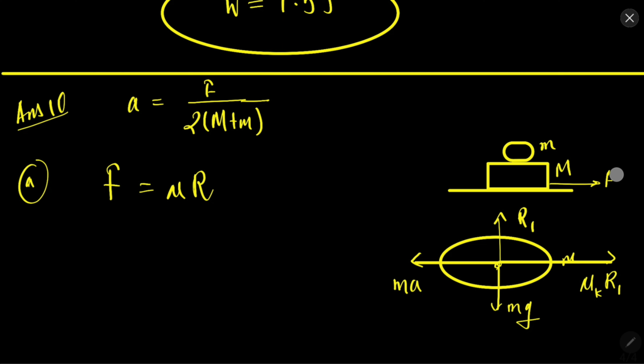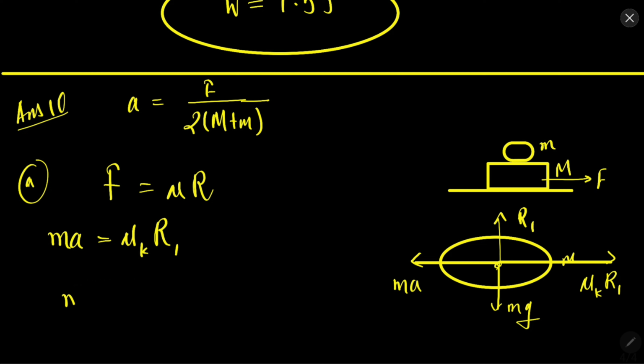Let's say the force was in this direction. So if the force on the lower block is in this direction, then the force on the upper block will be in this direction. So now we know that the frictional force is mu R, and here we can easily see from the diagram that ma is equal to the frictional force, that is mu k into R, or let me write R1.